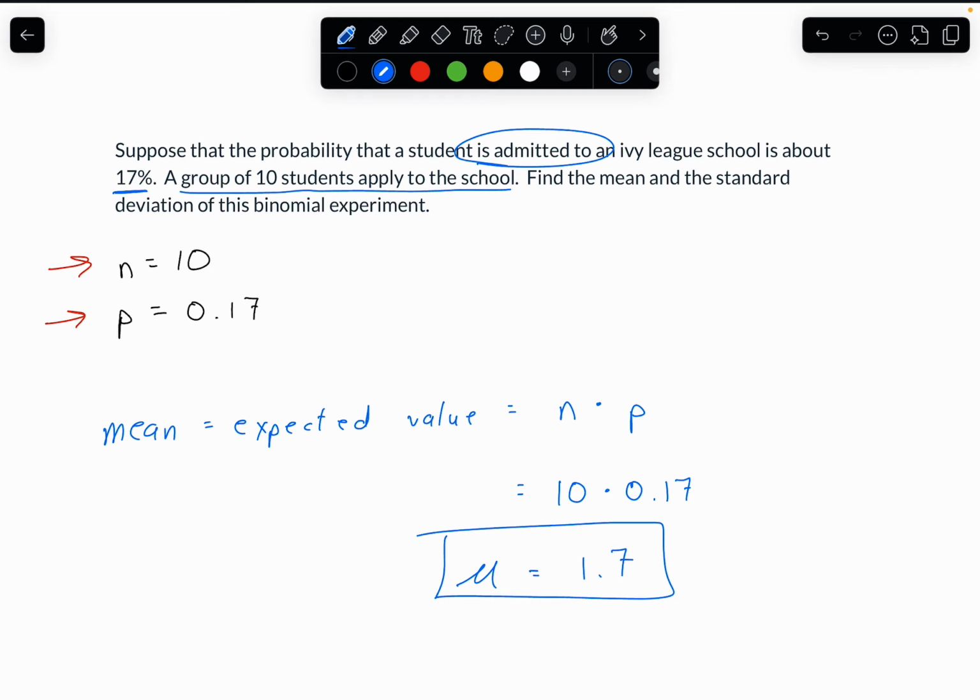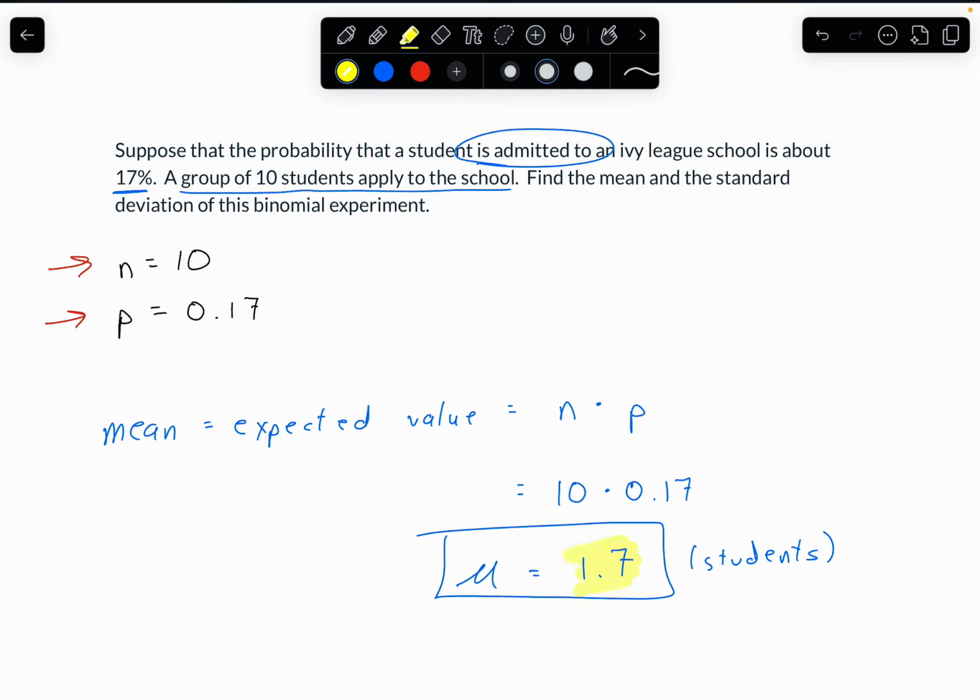Now you might think to yourself, hey, that doesn't really make a whole lot of sense here because we're really talking about the number of students here, and we can't have a decimal number of students. And I would agree with you there. I think in this case, when we're talking about binomial distributions and talking specifically about mean and standard deviation, it's okay to have a decimal for these answers because we're really thinking about the distribution.